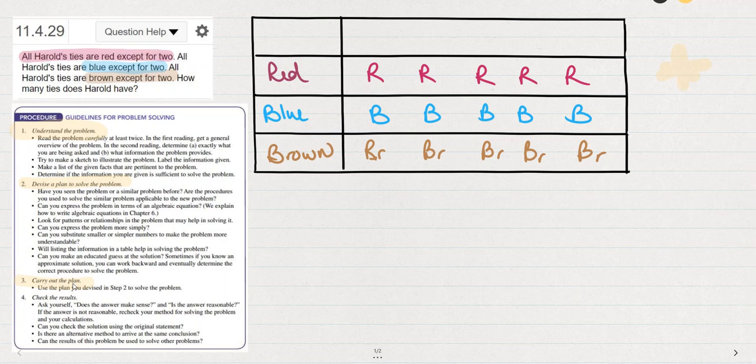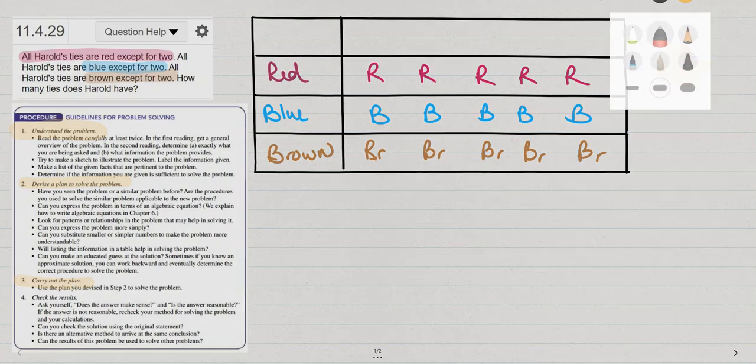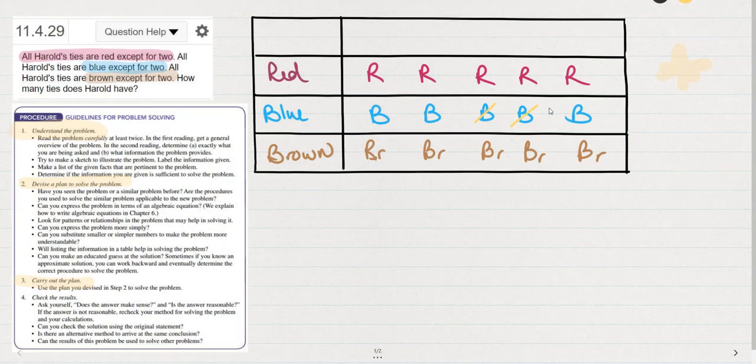All Harold's ties are red except for 2. So I don't know how many red ties he has, but I know that he has no more than 2 other ties. Do you see that what that allows me to mark off these? He has 2 more ties, right, besides what he has that's red.